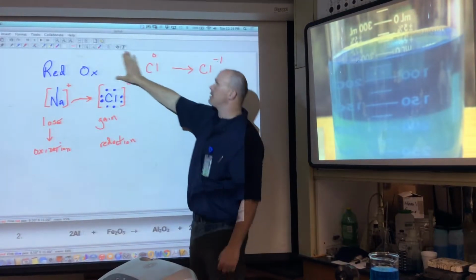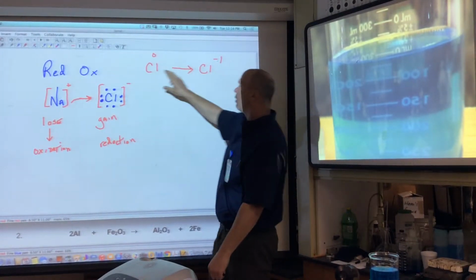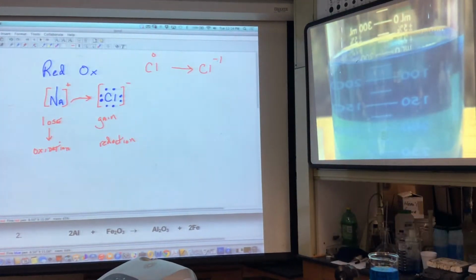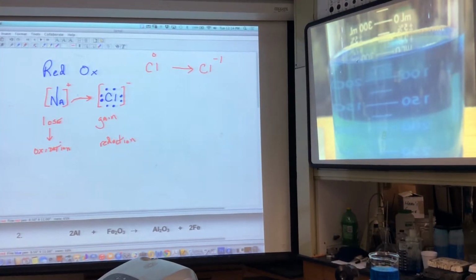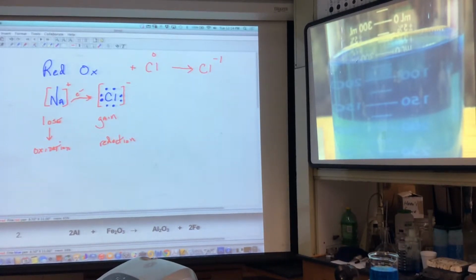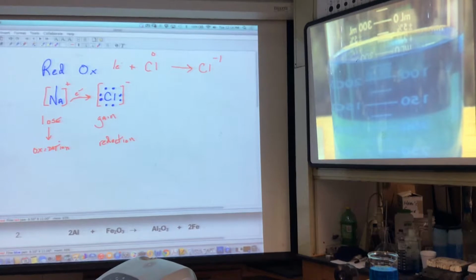This whole side is 0, this side's -1. What did chlorine get from the sodium? The chlorine got an electron. So we write an electron here. Chlorine gained an electron to become chlorine -1.